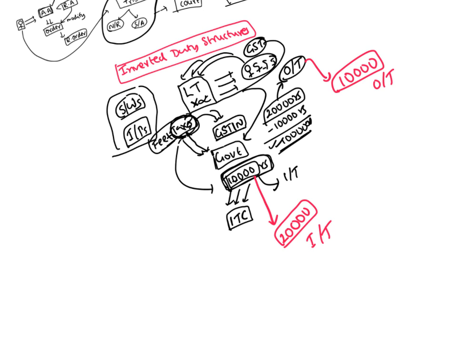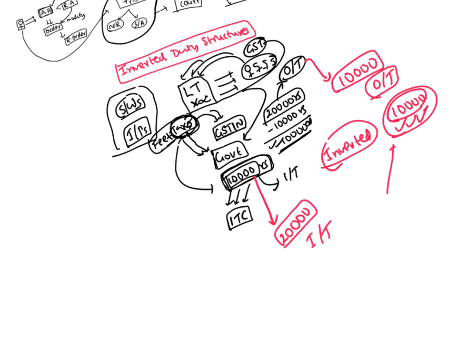This is a reverse situation or inverted situation. I have to pay 10,000 to government, but the government already has 20,000 of my cash. So even if I remove this 10,000, still 10,000 of my money lies with government, and now I have to apply for a refund. I have to go through a long process of refund to get this 10,000 back.